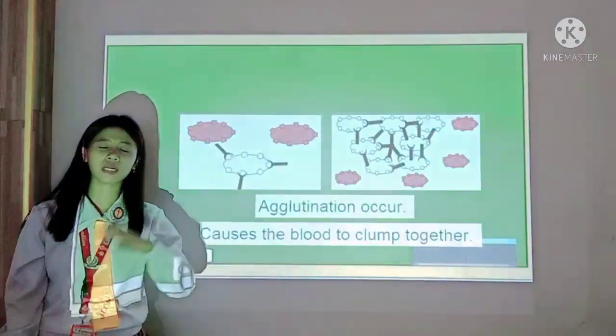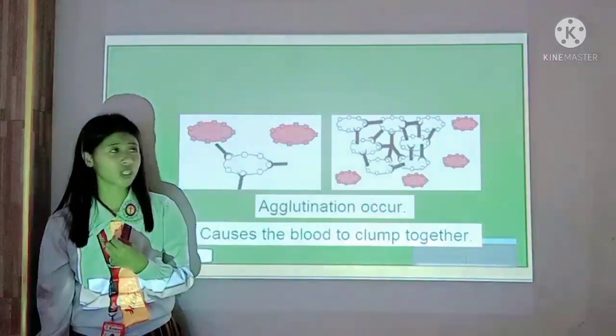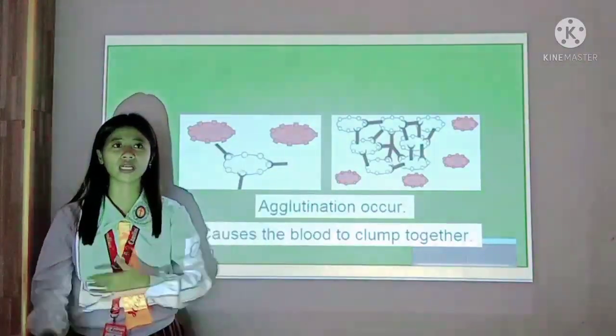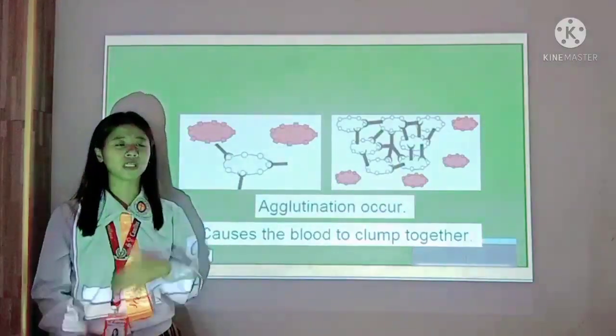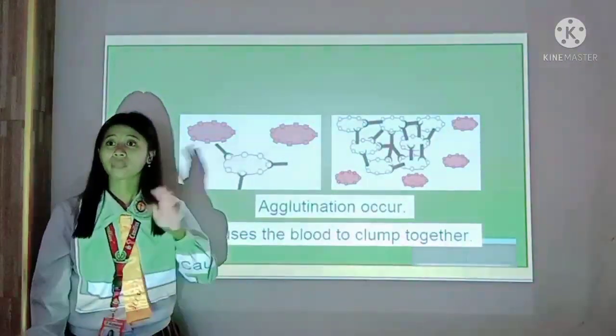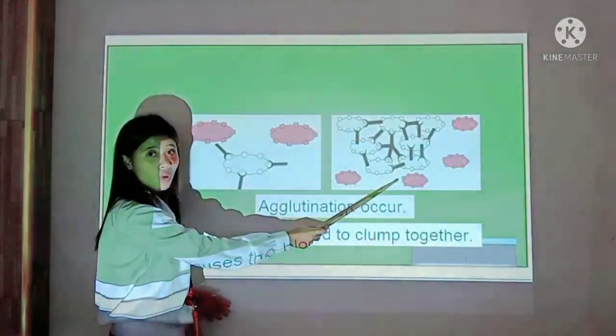Kung nagkamali ng bigay sa'yo ng blood, nagkamali ka ng syempre, pwede kang mamatay. Okay, that is the worst situation you can live on. Doon ka napupulutin, which is ikakamatay mo ito. Okay?